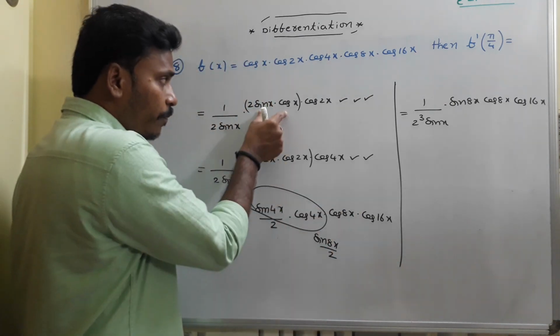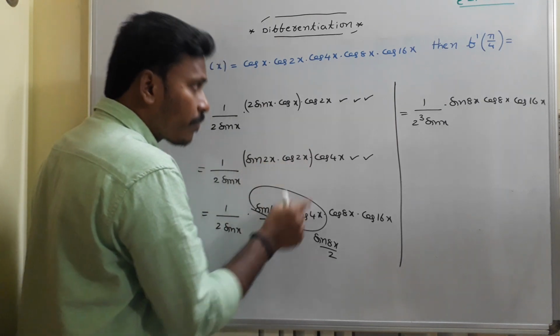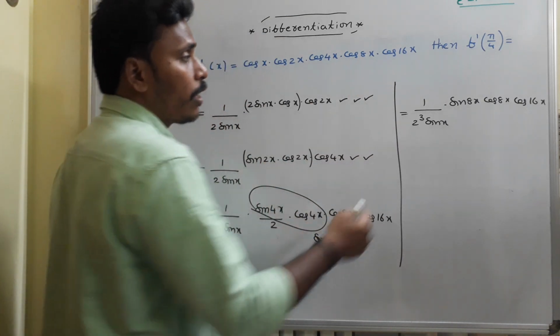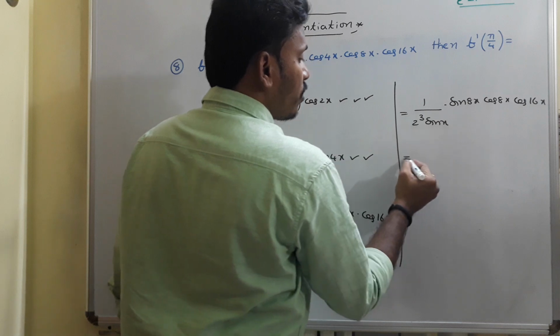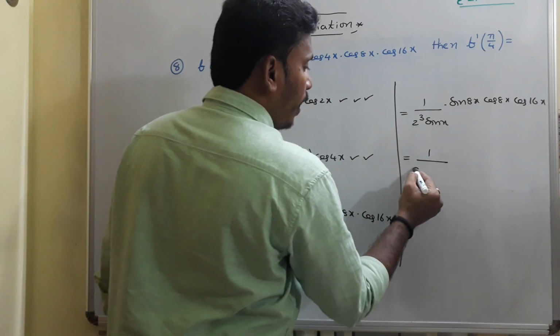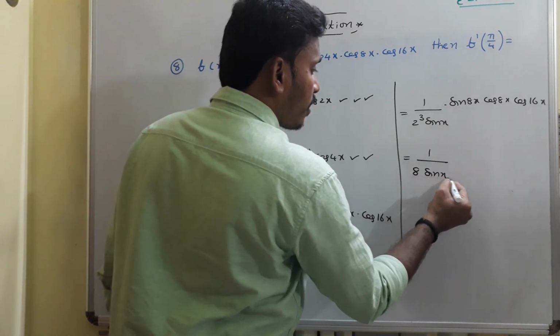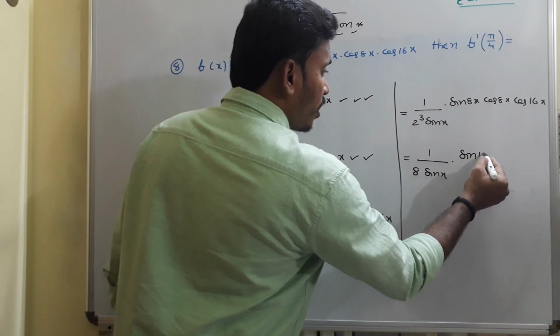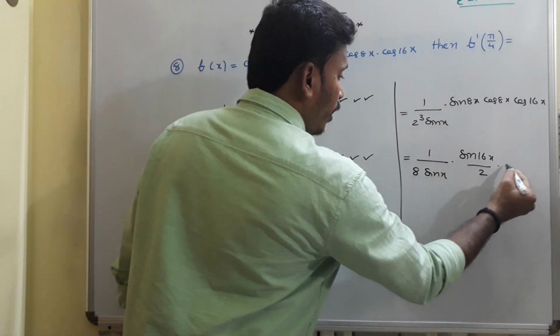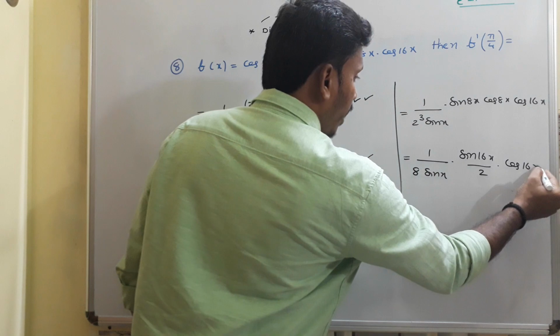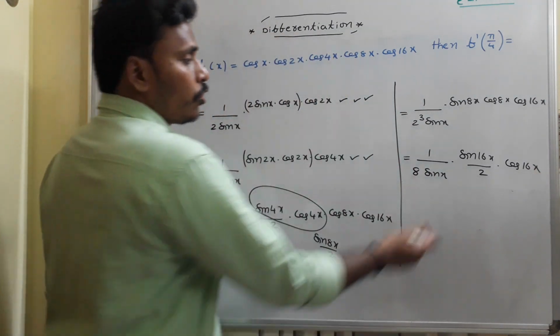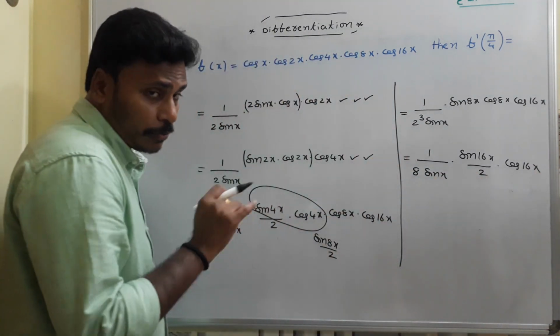Once we used it here, next time, and then next, repeatedly we are using the same formula. Now this becomes sin 16x by 2. So 1 by 8 sin x into sin 16x by 2 into cos 16x. So this 2 and this 8 together will become 16.